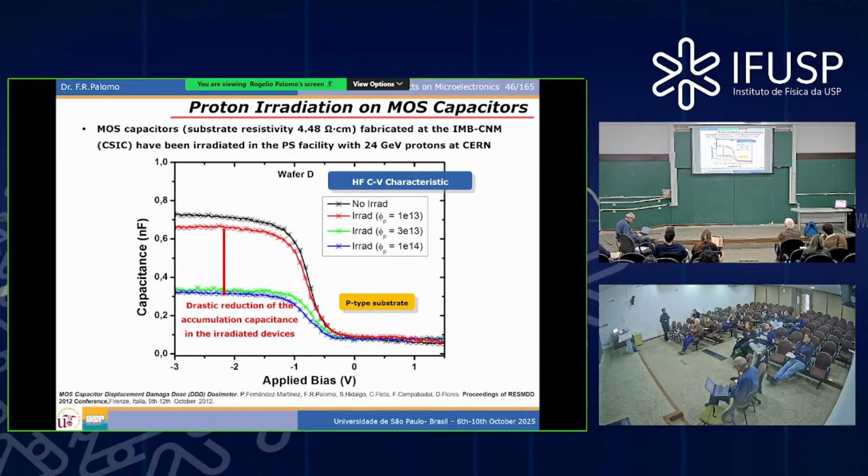In Barcelona, we built several MOS capacitors just to understand the damage with different N-in-P and P-in-N, different techniques of using the silicon, and also different doping profiles. That was the analysis in the beginning of RD50.